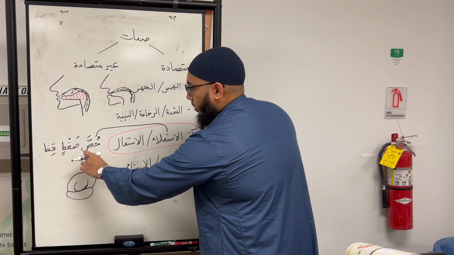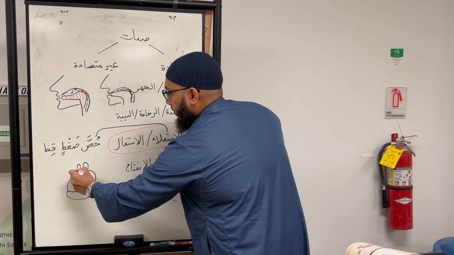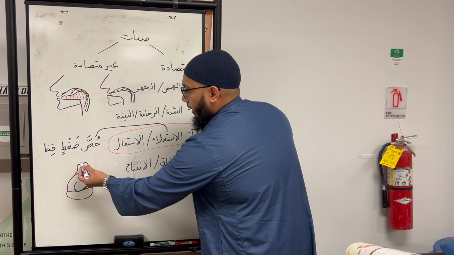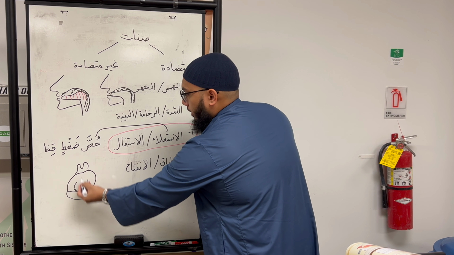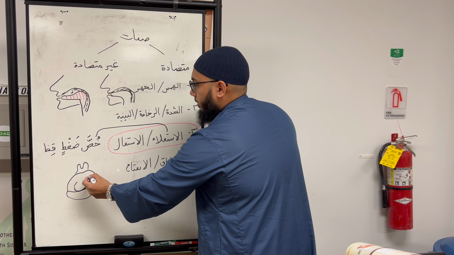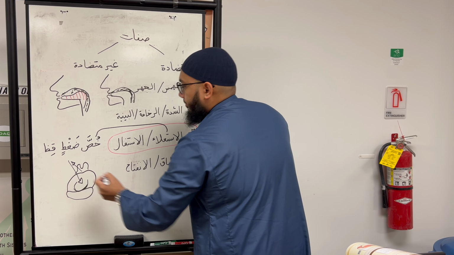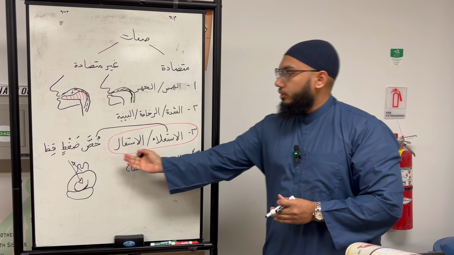The sound is coming. What is this thing called? The boxing bag? Uvula, right? So the sound is coming, and this part is really thick. So the sound comes this way, and then hits downward, like coming up like that, then down like that. Whereas in istifal, it's completely flat, so it just comes straight out.